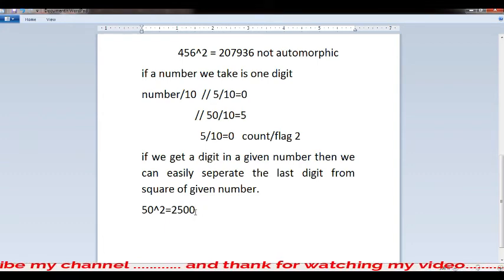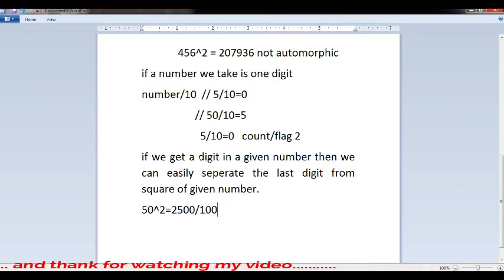So how do we get these last digits? Here the flag value is 2, meaning that we can take the remainder by 100, with 2 zeros. In the next example, 456 power 2 equals 207936.